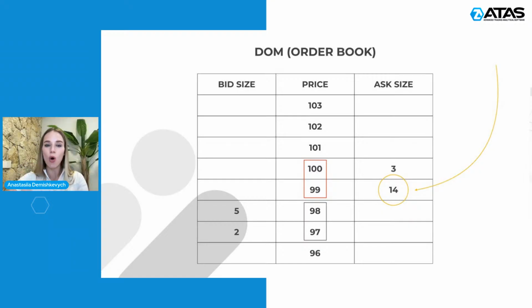Our first offer from an available passive seller is at the price of exactly 99. So the aggressive buyer is going to buy 5 contracts at the price of 99, and this will clear out 5 contracts from the total available sell orders, so the ask size at $99 per contract is now going to drop from 14 to 9, because 14 minus 5 executed contracts equals 9.